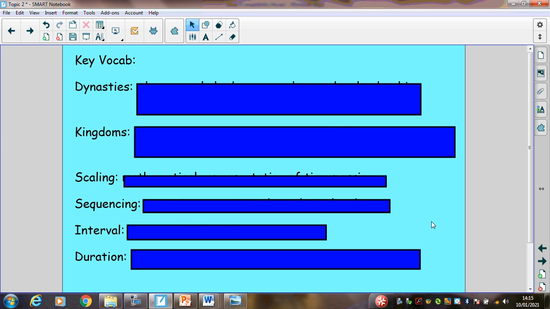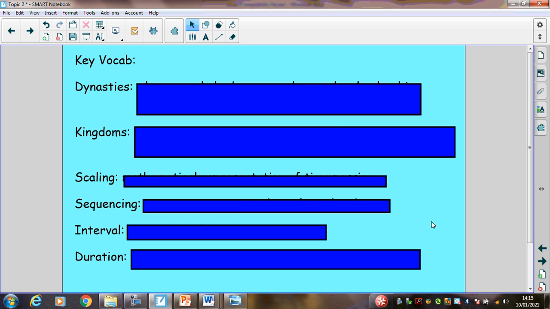So what I'm going to do now is go through some really key vocabulary for you. Some of these words might seem really familiar, you might understand definitions of them, but some of them are new to you and linked really closely to history. What I suggest that you do is write down any words that you are not familiar with the definitions.